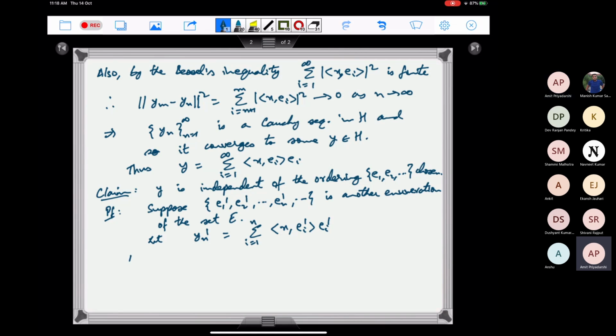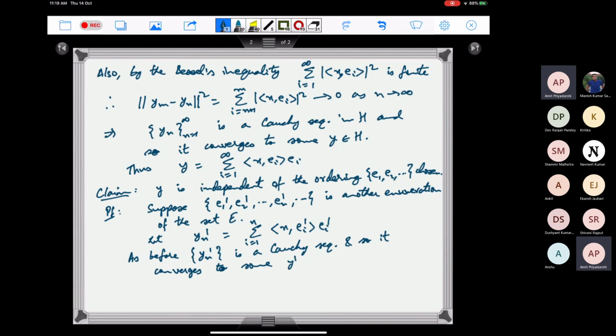So yn dash is a Cauchy sequence, and so it converges to some y dash belonging to H. So we want to show that this y dash is equal to y.